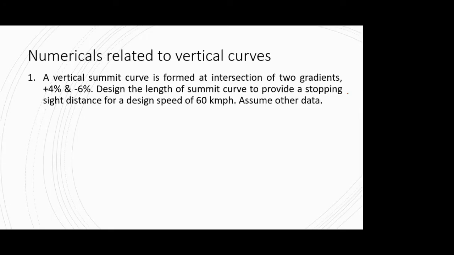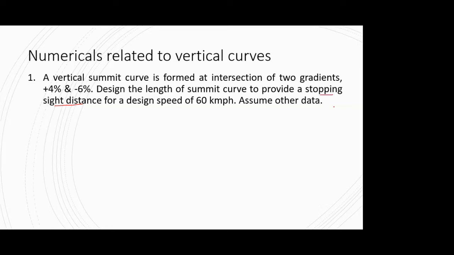The first numerical is related to designing of a summit curve, and it's a straightforward one. A vertical summit curve is formed at the intersection of two gradients. They have given N1 and N2, one is plus 4% and another is minus 6%, and you have to design the summit curve so as to provide a stopping sight distance.